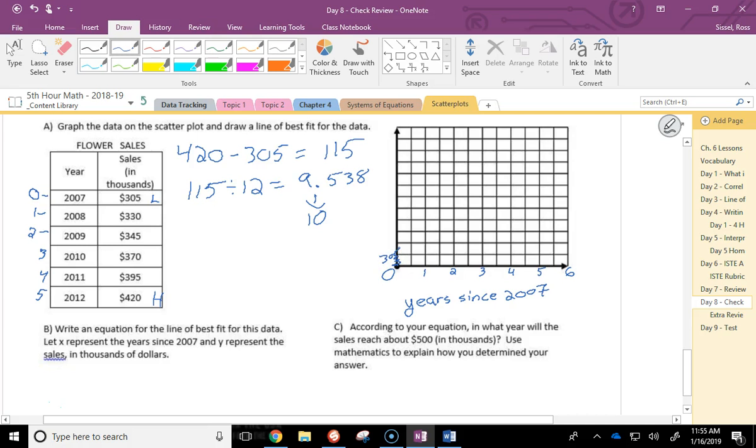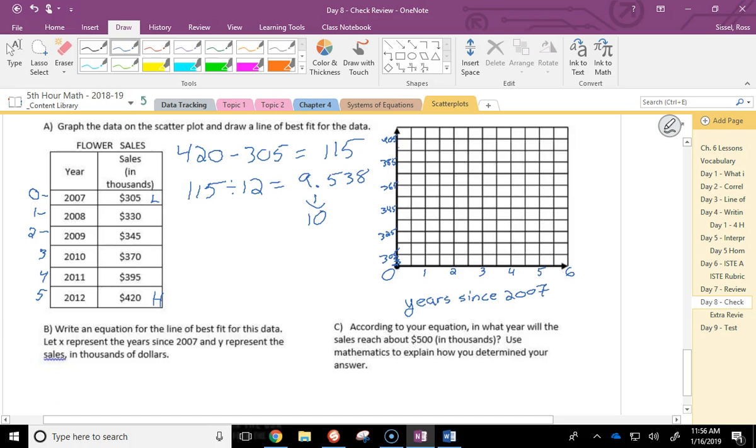I am going to stay with the scale going up by tens, but I'd say 315, 325, 335, 345, 355, 365, 375, 385, 395, 405. You can write on every single line if you want. I just don't like it. I think it gives us too many numbers. We started at 305, and that's because that was our lowest value.